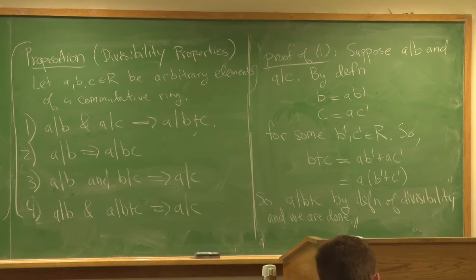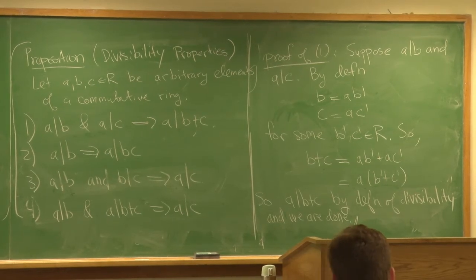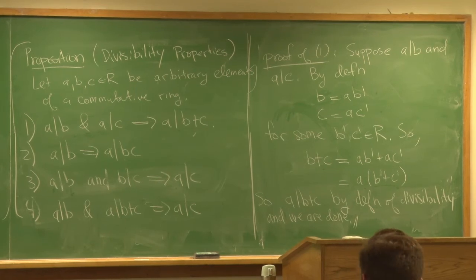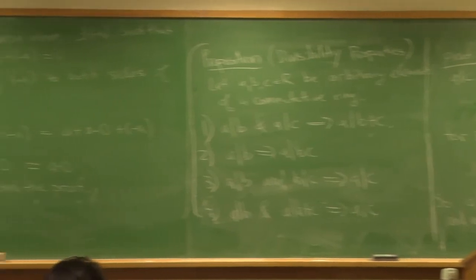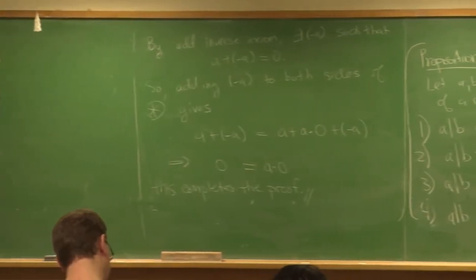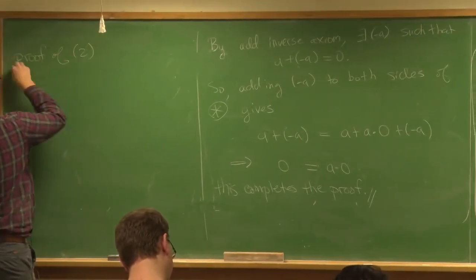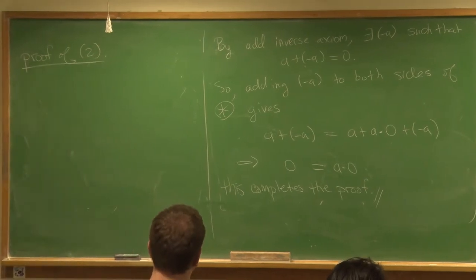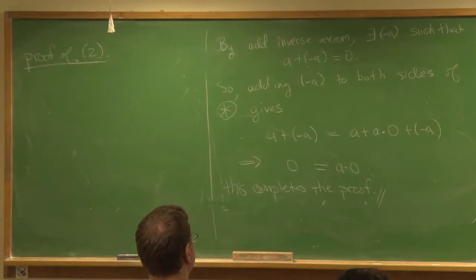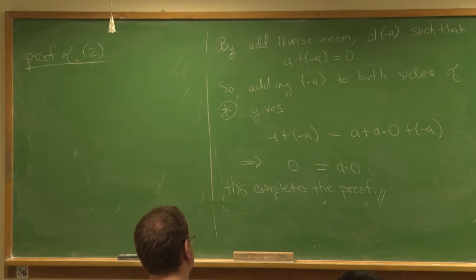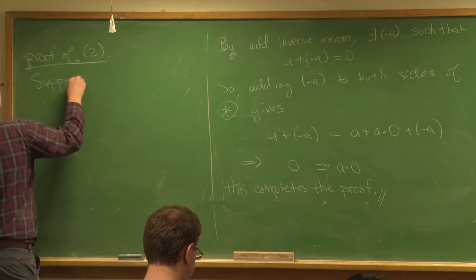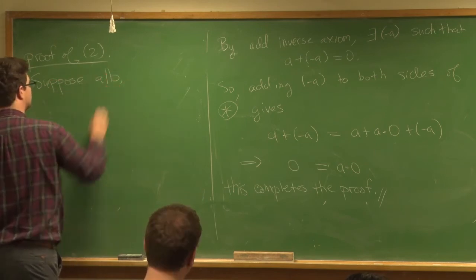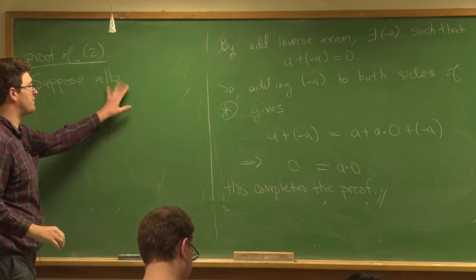Any questions on the first proof? Okay, so let's do the second one now. So proof of 2. So what do I write here? How do I start? I would start with suppose A divides B. Then it's really formulaic, right?